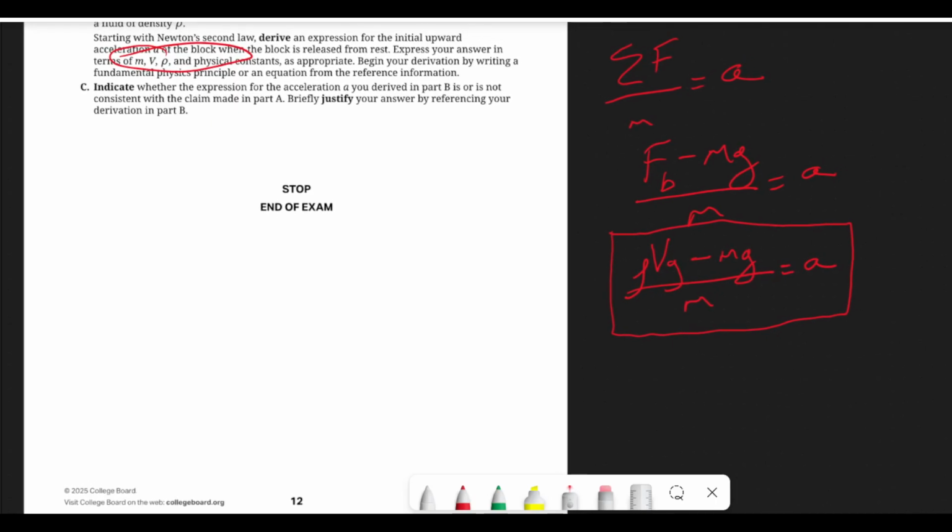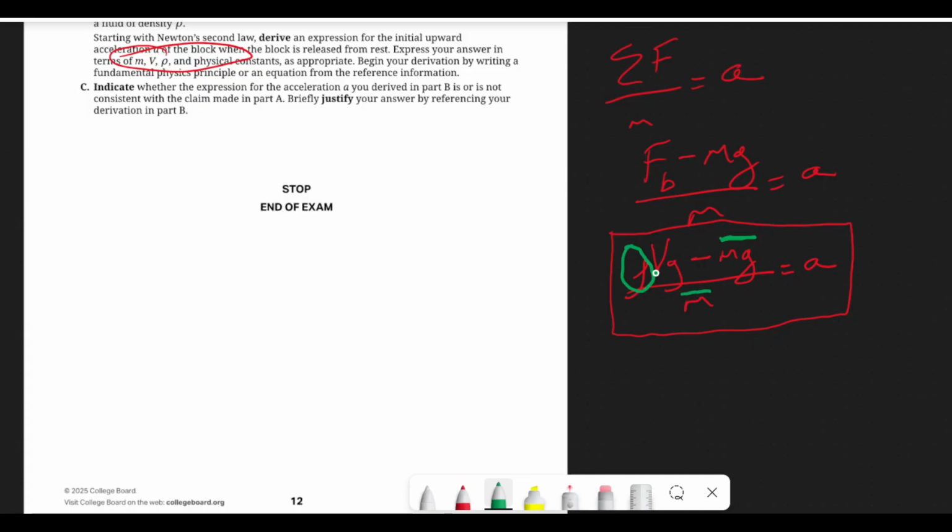What happens when the density increases? If I increase this density, that's going to cause this term to get larger. And my mg, I said before, is constant. This doesn't change at all, so this stays fixed.